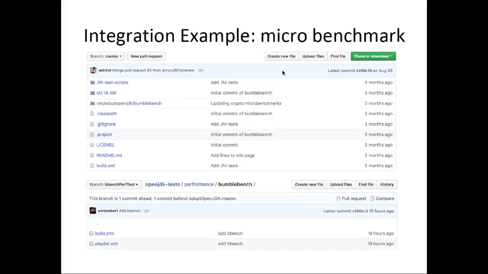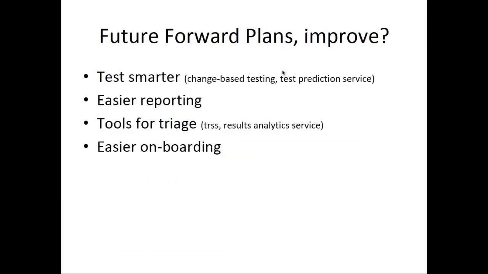Well, all I need to do is, in my performance directory, add a BumbleBench directory, include a build and playlist file, and execute the BumbleBench suite. So we'll be adding those to the nightly runs at Adopt shortly, along with some of those other things I mentioned.